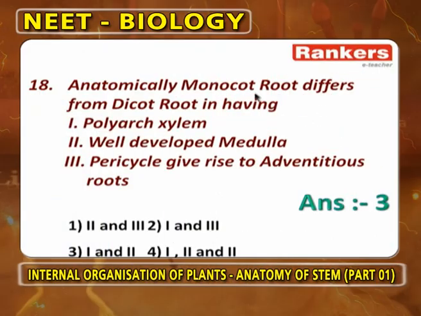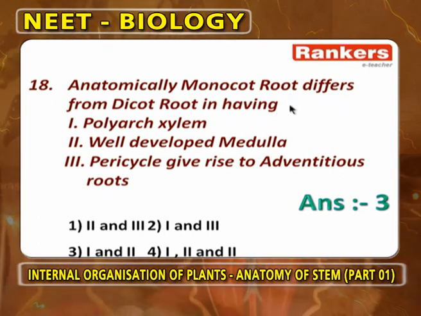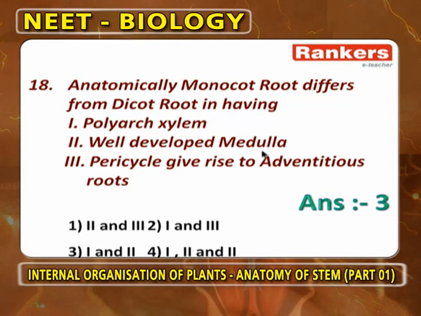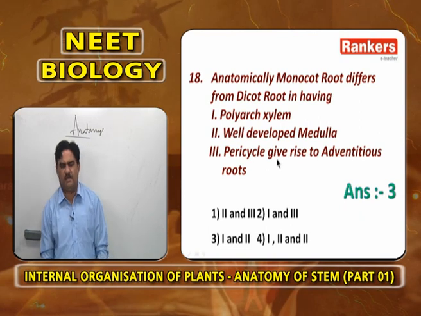Anatomically, monocot root differs from dicot root in having... That means the basic difference between monocot root and dicot root. Polyarch xylem, correct. Well developed medulla, correct. Pericycle gives rise to adventitious roots: pericycle does not give rise to adventitious root either in dicot root or in monocot root.